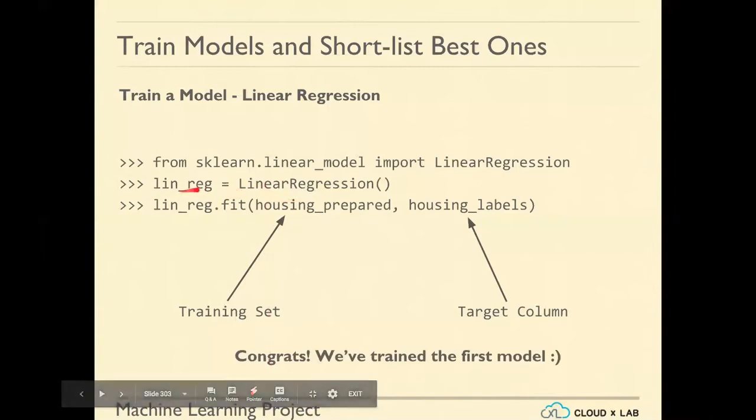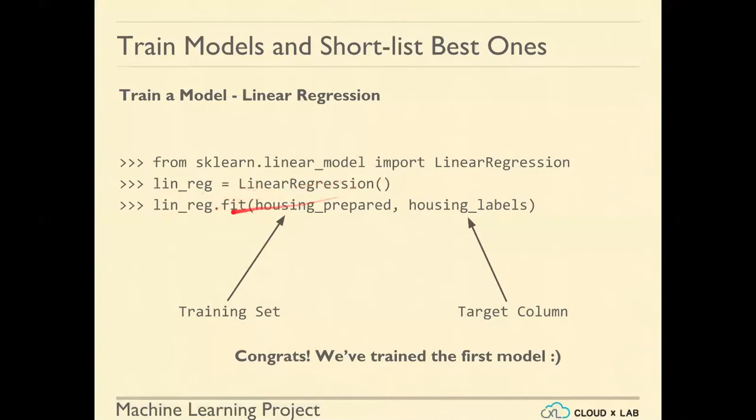So we are saying linear regression equals LinearRegression, initializing the algorithm, and then calling fit. Remember that we did fit earlier when we did the scaling. Here fitting means generating the model. Since it's the same object, when we do fit, it's going to create the model in this object only.